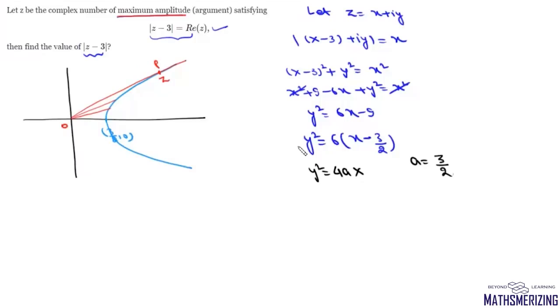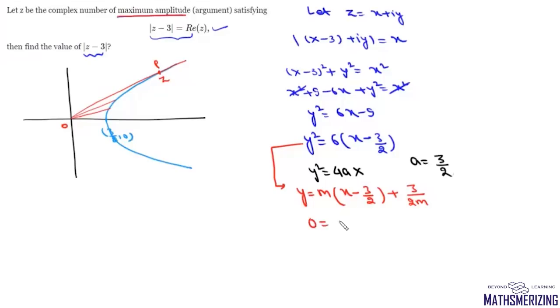So once we have the equation of this parabola, we can write the equation of the tangent as y equals m, and in place of x, we can write (x minus 3 by 2) plus a by m. Now a in this case is 3 by 2, so it will be 3 by 2m. We need that tangent which passes through the origin. So we'll put x and y as 0.